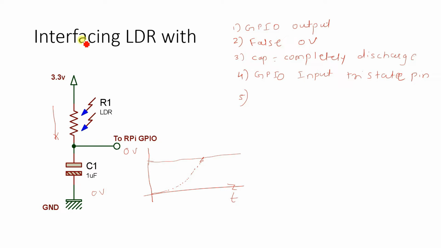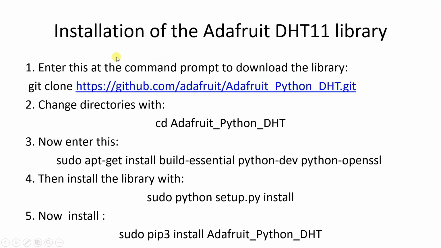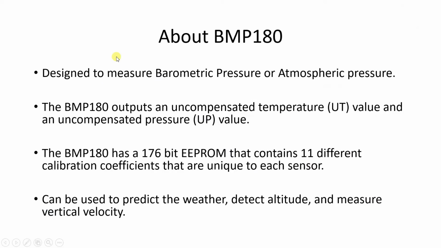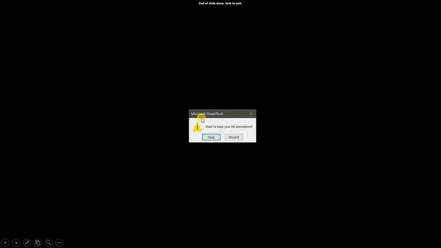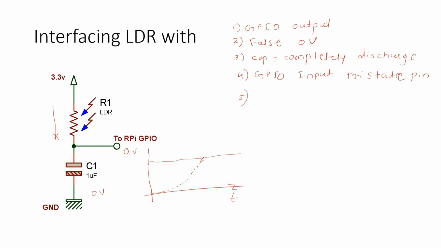If there is a completely dark room, the capacitor will take the full time to charge, because the resistance of the LDR would be highest. Because of the highest resistance, the current flowing to the capacitor would be very low, and therefore it will take a lot of time to charge completely.